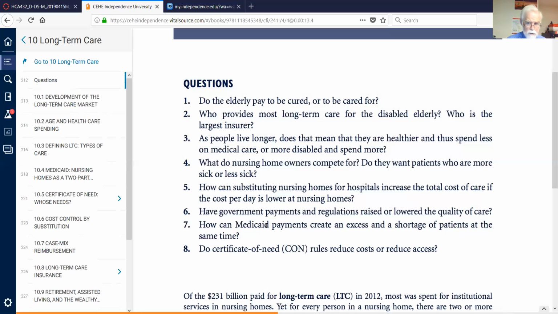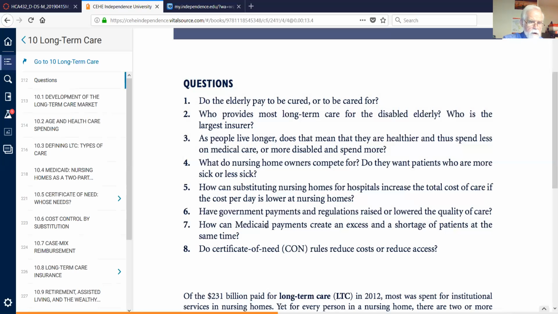They don't need a lot of direct nursing and therapy care. They're also the people more likely to stay home. So it's a real mixed bag as to who they are looking for. The issue of cost control is very real here.